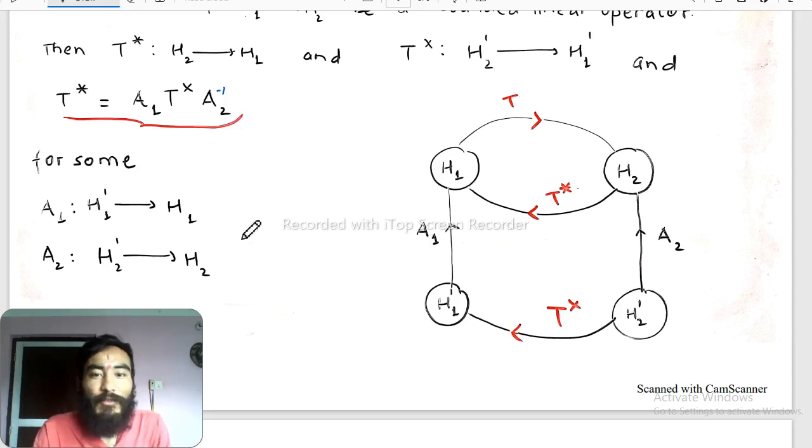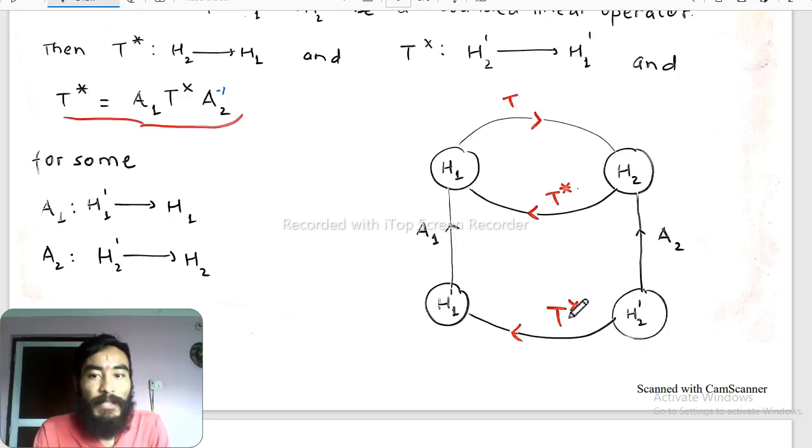The relationship is shown on the adjoining diagram here. H1 to H2 is the operator T, S2 to S1 is the Hilbert adjoint operator T star, and S2 dash to H1 dash is the adjoint operator T cross.